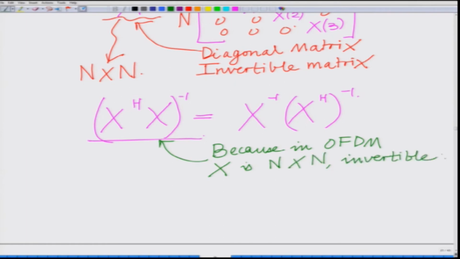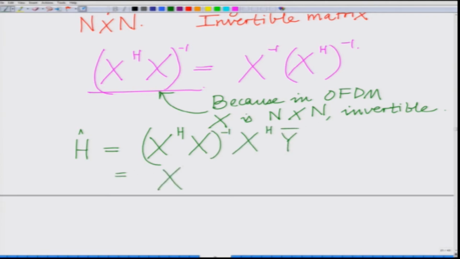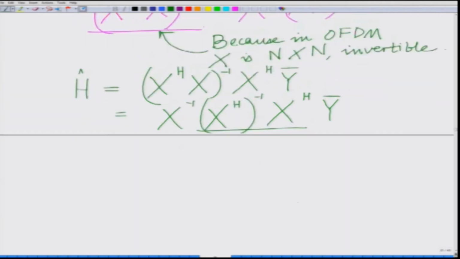Now if I substitute this, I have H hat equals X Hermitian X inverse X Hermitian Y bar, which is X inverse into X Hermitian inverse into X Hermitian into Y bar. Of course, X Hermitian inverse into X Hermitian is identity.